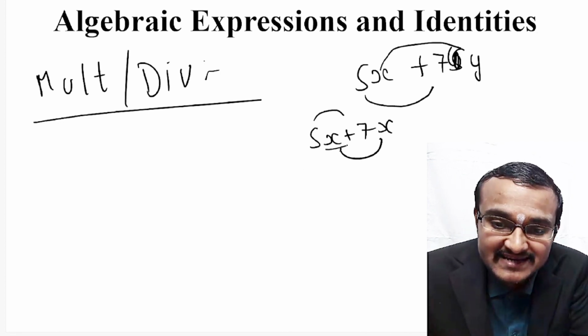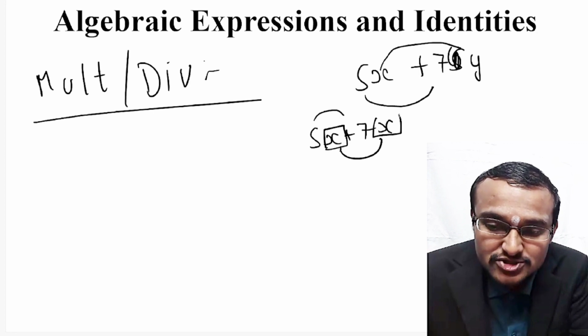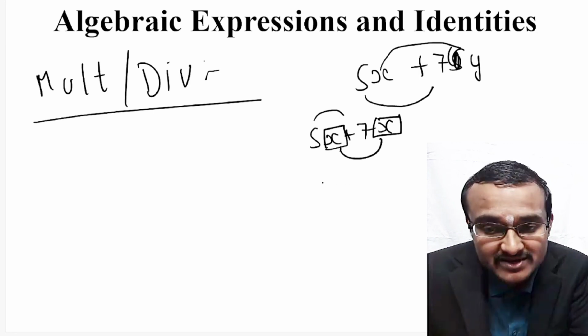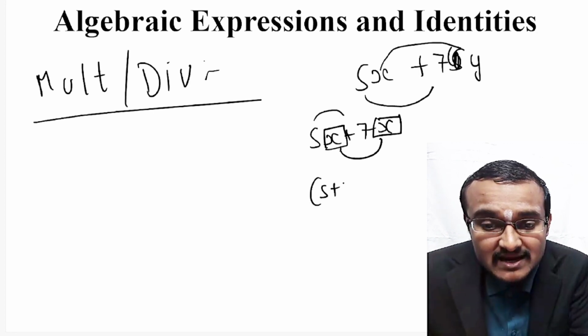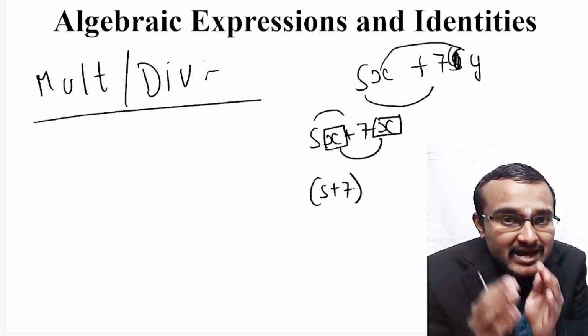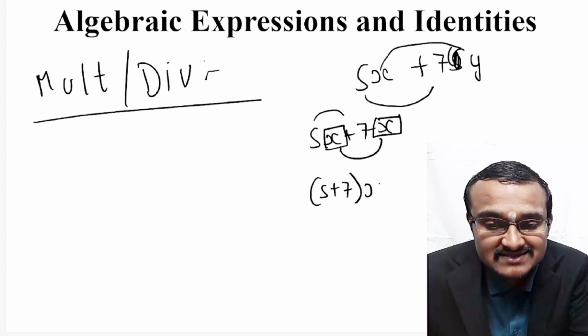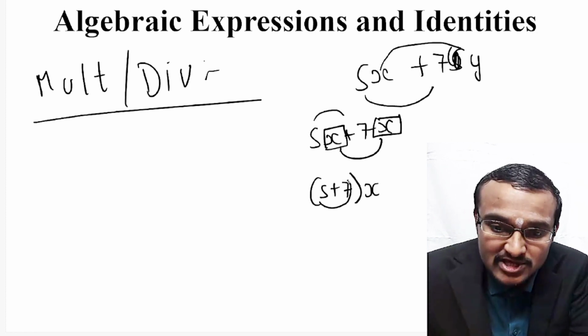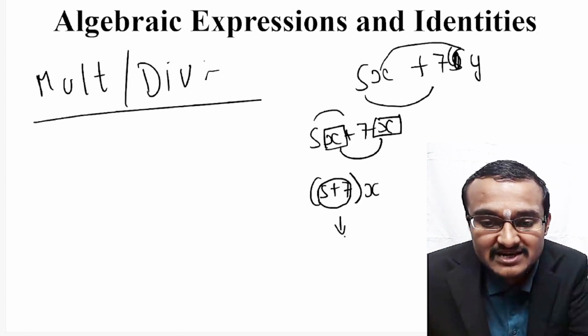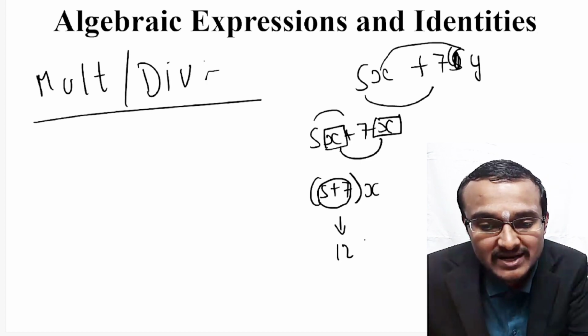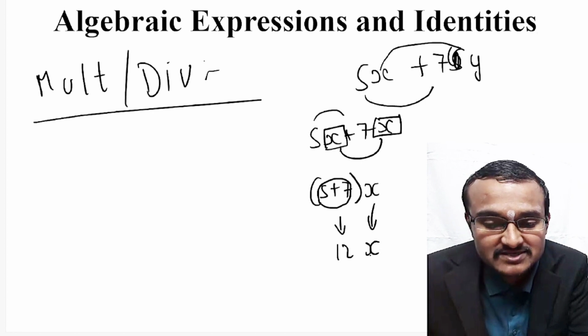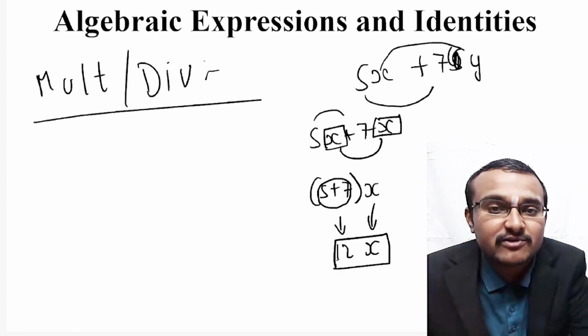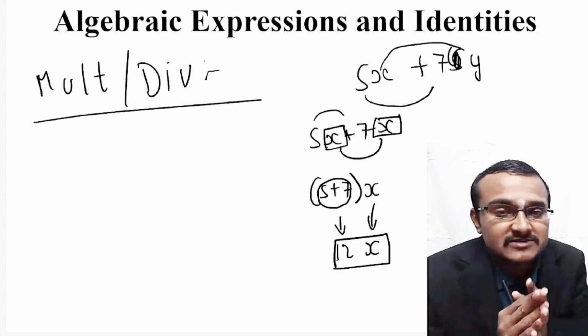You are taking x as common, and clubbing the numbers together by taking the algebraic expression as common. Then only you perform the addition: 7 plus 5 is 12, and x is there, so 12x. Like this you perform the addition of two algebraic expressions.